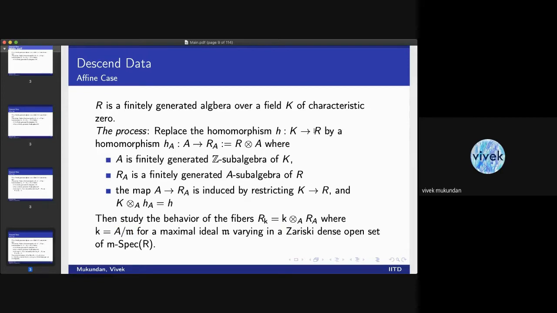The idea is that whatever finitely many properties you have in the ring of characteristic 0, you port over to R_κ, which happens to be a ring of characteristic P. So if you want to solve problems in characteristic 0, you can try descending everything to a ring of characteristic P and try solving it there. Or if you already know a theorem or a result on rings of characteristic P, then you can try proving the same for rings of characteristic 0 using the reduction technique.